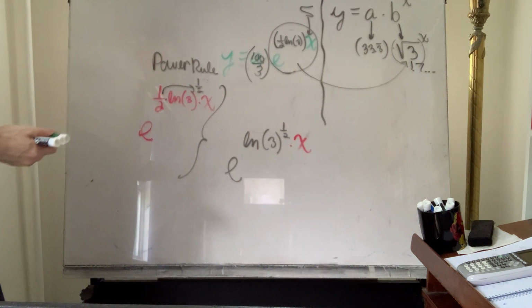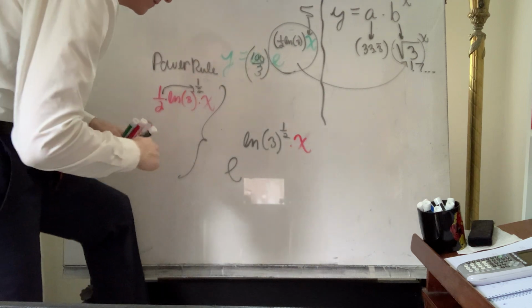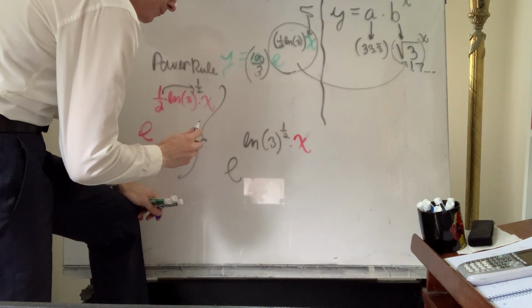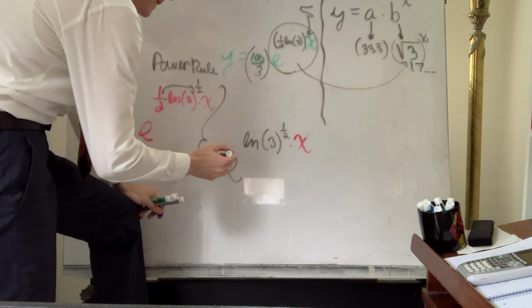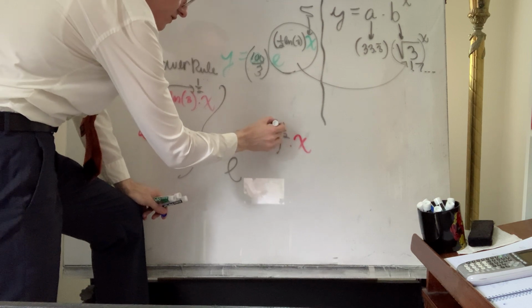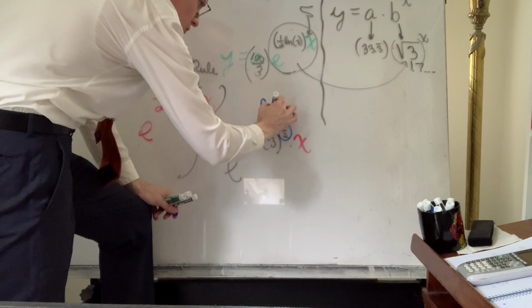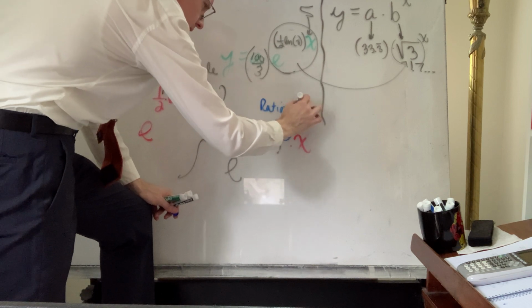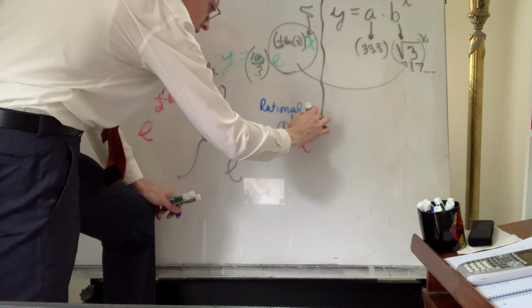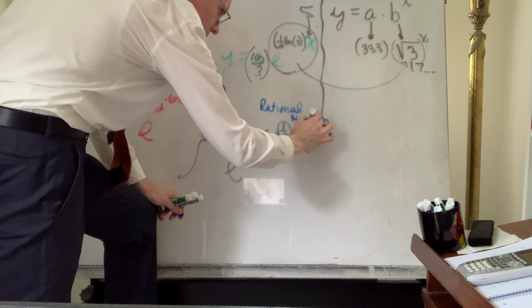And you may notice immediately that this is a half as an exponent, which means it's the rational notation of a radical.